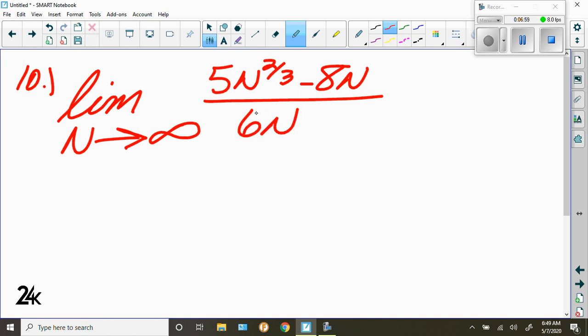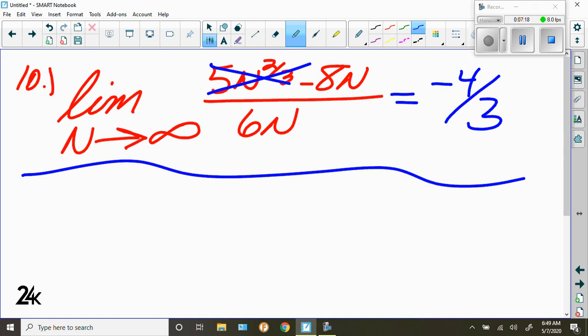Okay, this one's a little more weird, right? This is the smaller power, n to the 2/3. So this guy just goes bye-bye. So it's really negative 8n over 6n, but the n's are infinities, so that would be negative 4/3. At least that one was a little more challenging. Get rid of the smaller power.